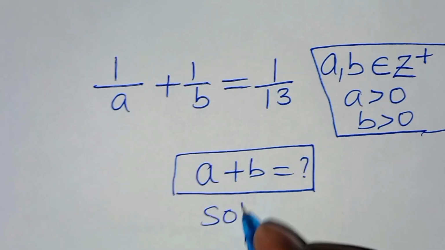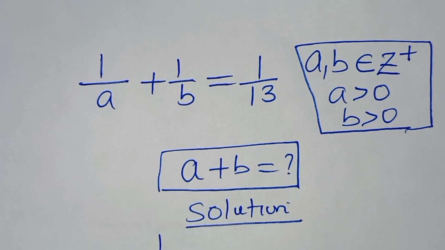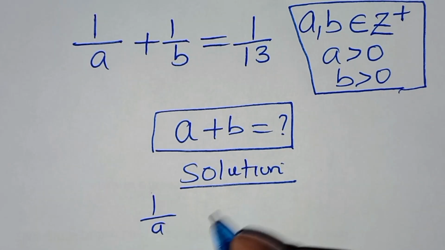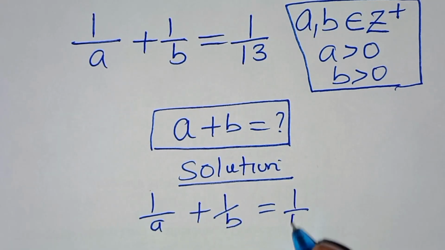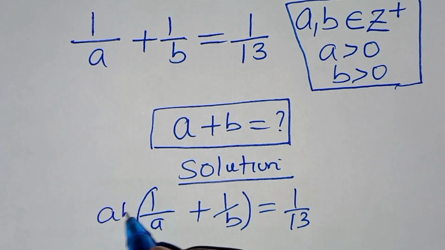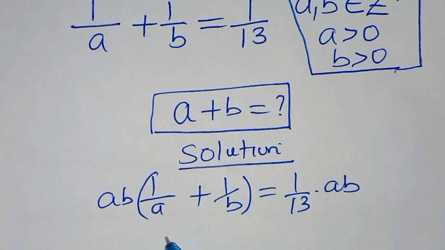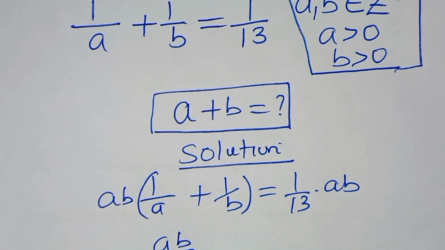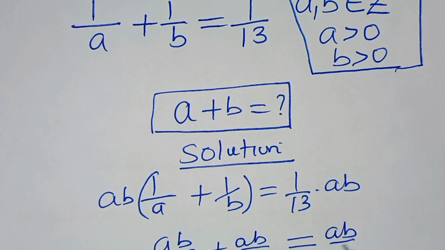Solution: we have 1 over a plus 1 over b equal to 1 over 13. The first step is to multiply both sides by ab, so that we have ab over a plus ab over b equal to ab over 13.